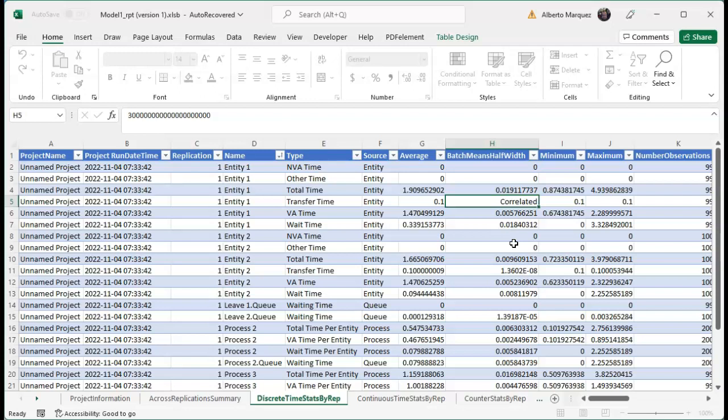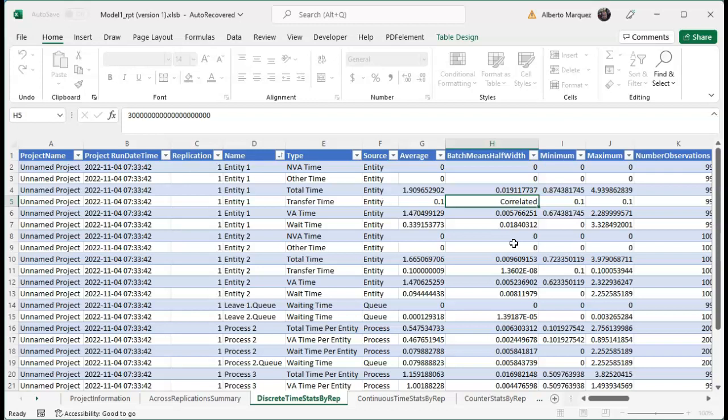ARENA runs a particular set of algorithms to identify when it's correlated. When the information is correlated, it means that it's not randomized enough to fully trust the averages.